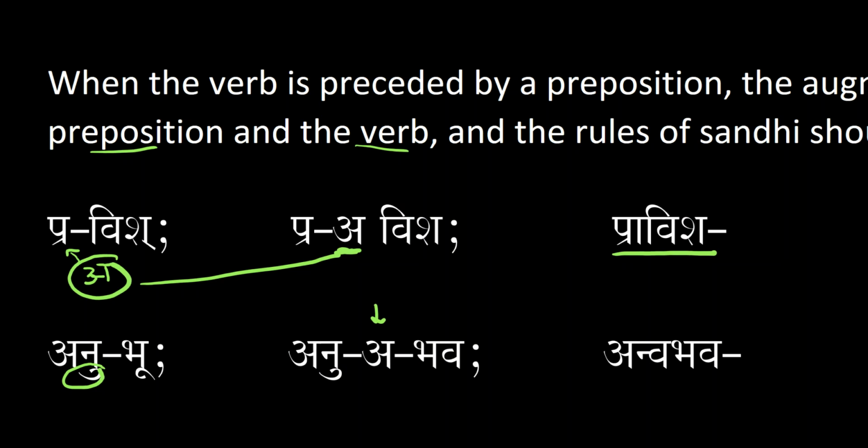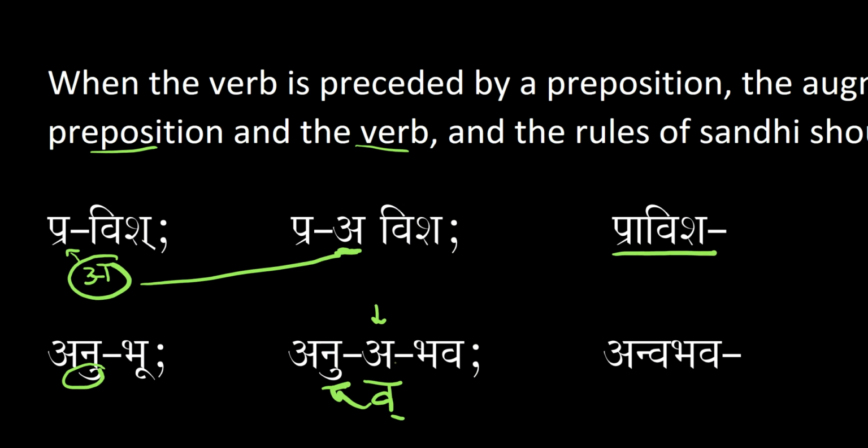So an 'u' followed by a dissimilar vowel becomes a half va. Okay? Now, if you don't remember this sandhi rule, when an 'u' is followed by a dissimilar vowel, it's changed to a va. So this 'u' is going to change to a va.